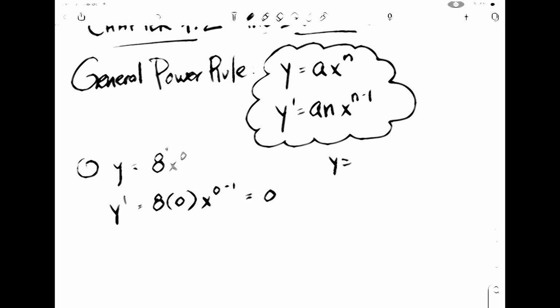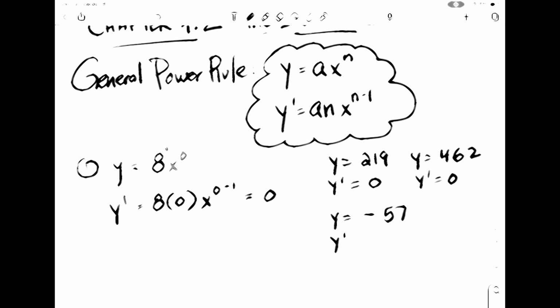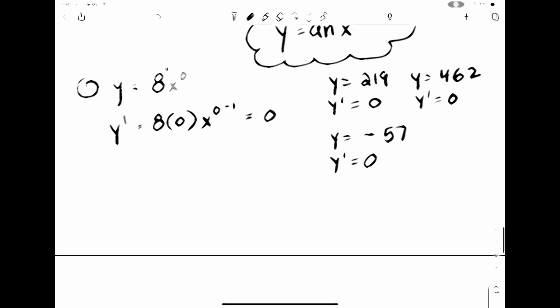If y equals 219, or y equals 462, or y equals negative 57, I know y prime in each case is going to equal 0. So there's our first lesson. The derivatives of constants are 0.